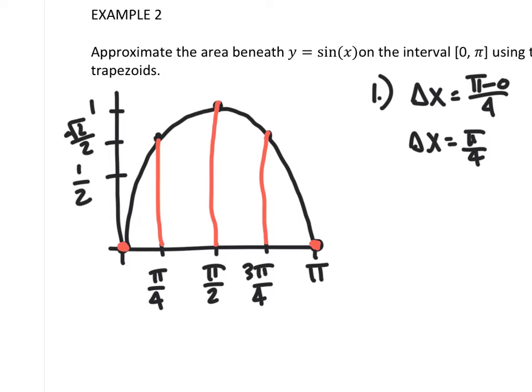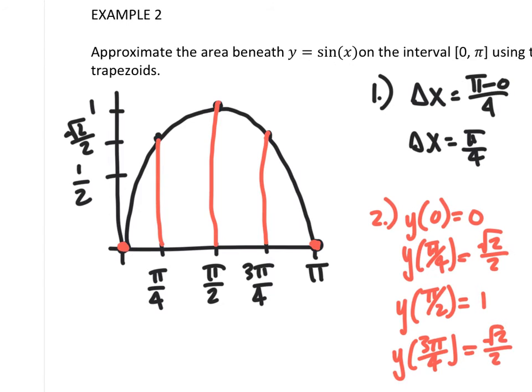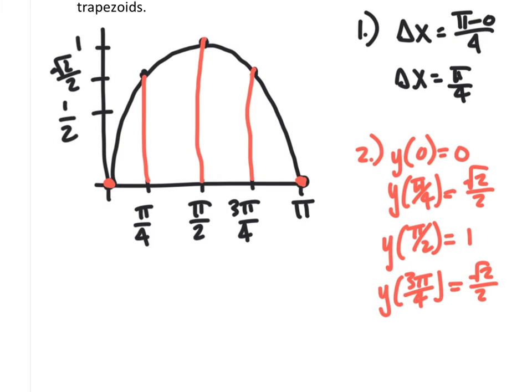All right, so step 2, I know that y of 0 is 0. I know that y of pi over 4 is equal to the square root of 2 over 2. I know that y of pi over 2 is equal to 1. I know that y of 3 pi over 4 is equal to the square root of 2 over 2. And the last one, y of pi is equal to 0.